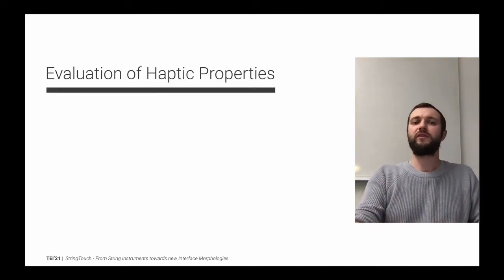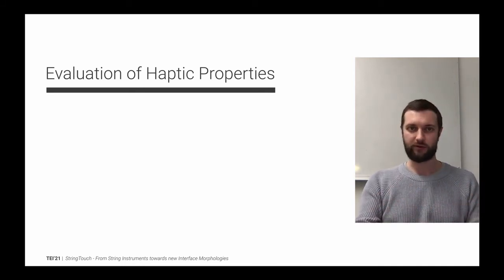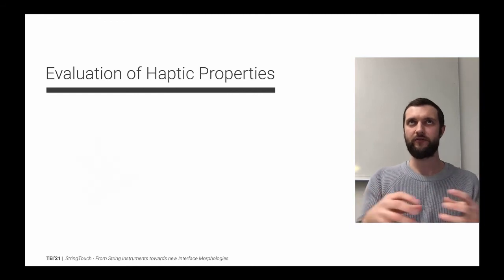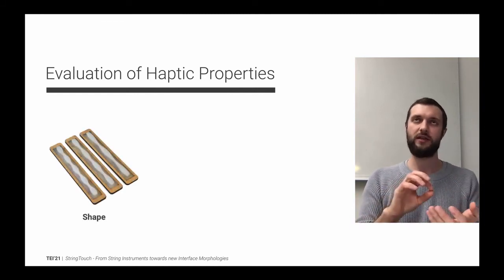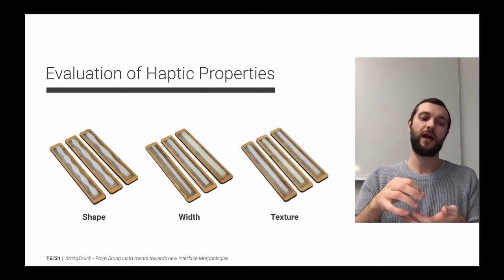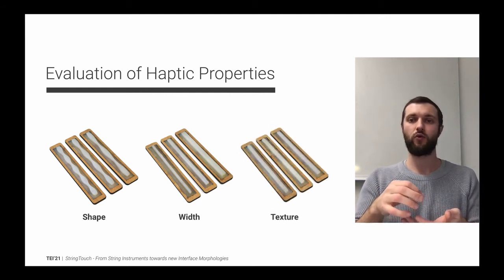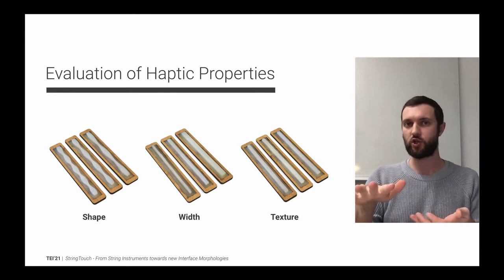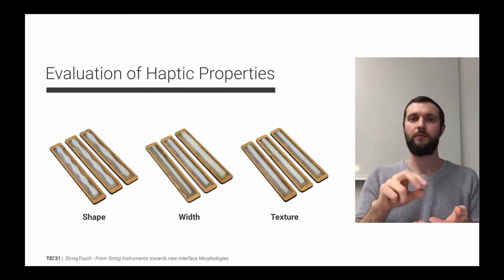We were also interested in evaluating the haptic properties of the device. Could the design, the affordance of the silicone ridges actually influence what kind of movements and interactions we could perform with it? And also, could we differentiate different shapes and textures by just feeling them?